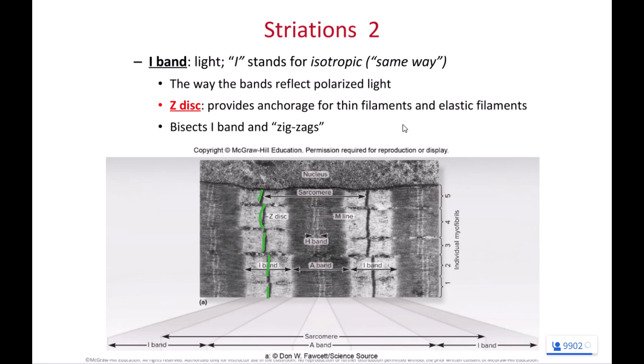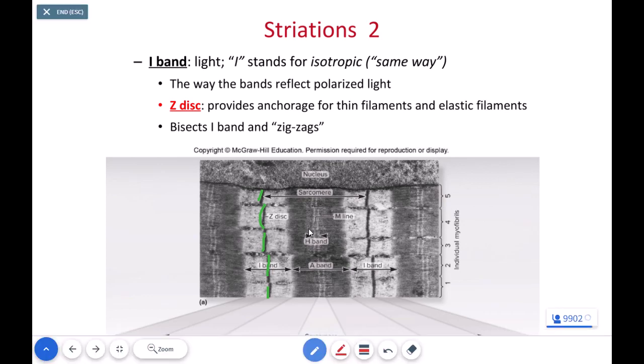And then within the middle of the A band, where we have the thick filaments connecting to the M line, there's a little bit of an interface where we're not going to have overlap of the thin filaments. So there'll be a little clear space at the center of the sarcomere. That tiny clear space at the center of the sarcomere is referred to as the H band. And the chain of protein in the dead center of the H band is going to be called the M line.